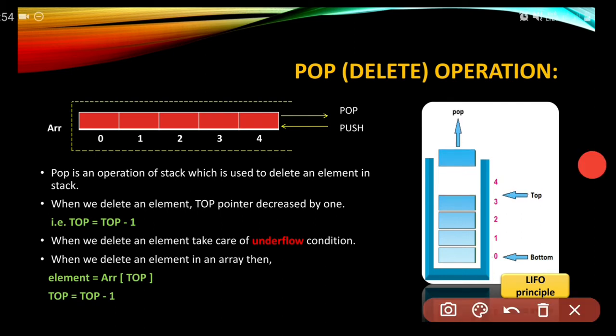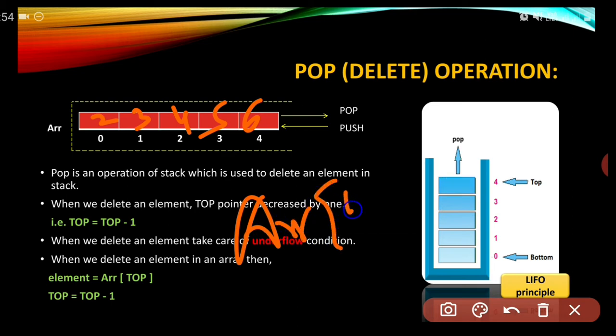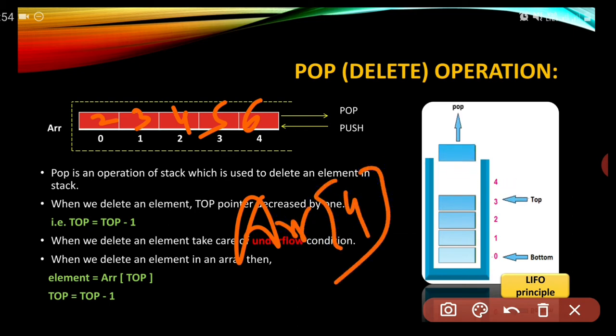If we are having an element in the fourth location, meaning if I'm having some element here and I want to delete an element from here, then what do I have to do? Firstly, I have to pick the element from the fourth position, that is top.